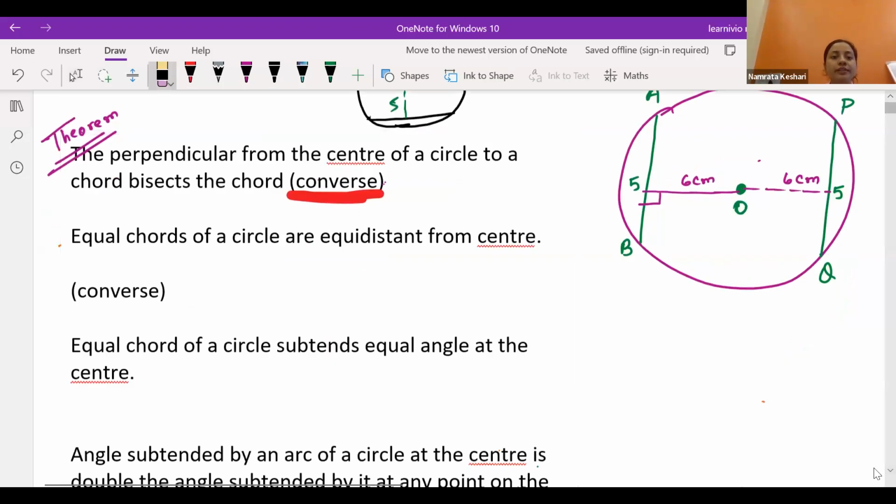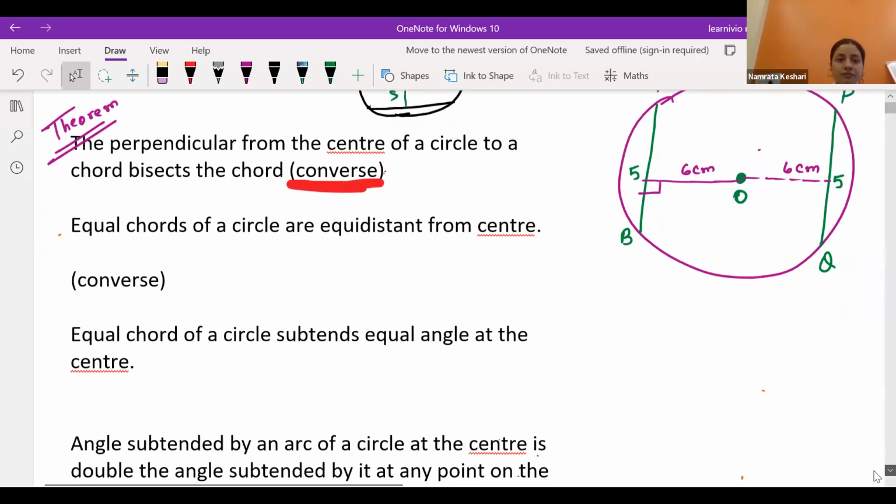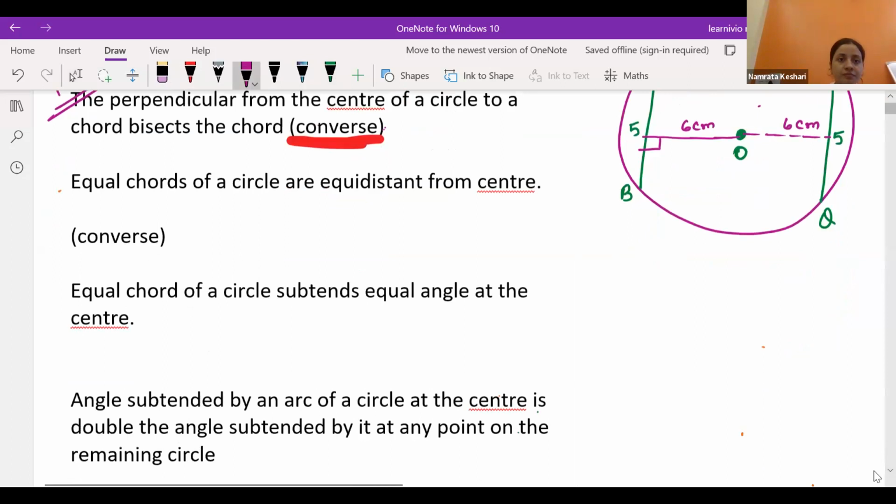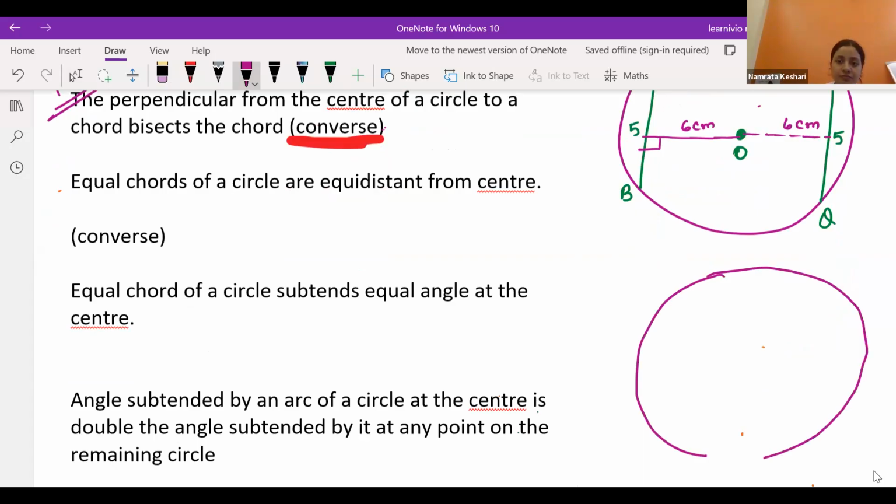Next, equal chords of a circle subtend equal angles at the center. Okay, equal chords subtend equal angles at the center. Two chords which are equal in length.